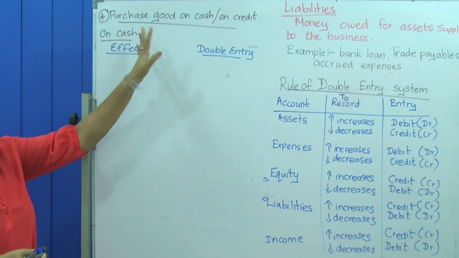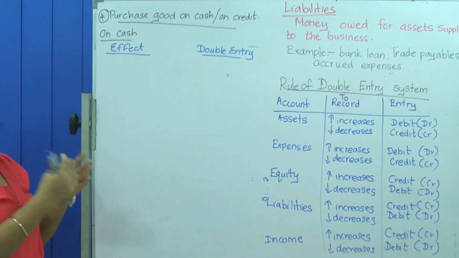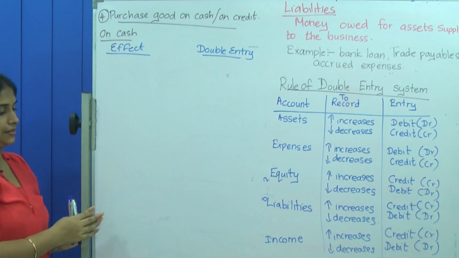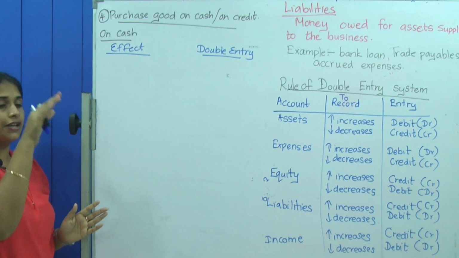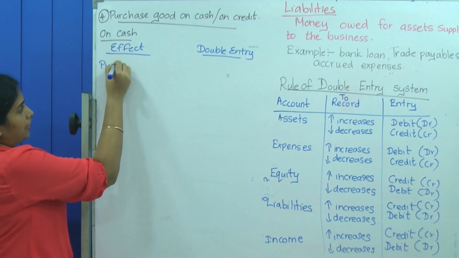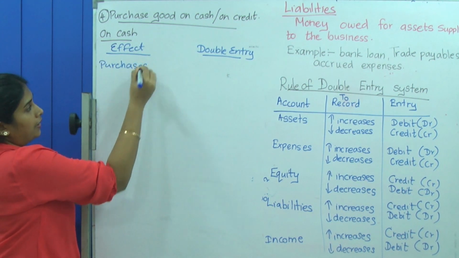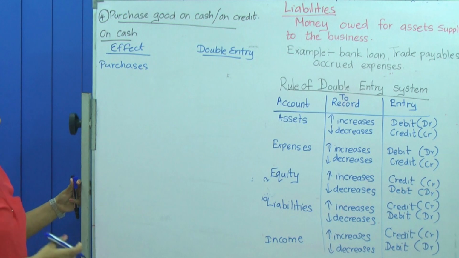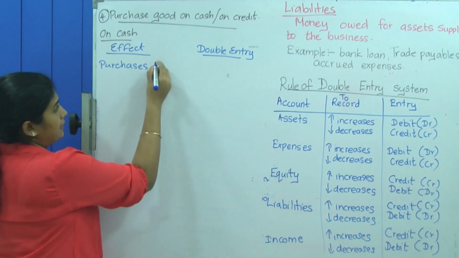So what happens when you purchase goods on cash: purchases increases, and when you pay in cash, cash decreases. Purchases means day to day when you purchase again and again, so we assume purchases as an expense.